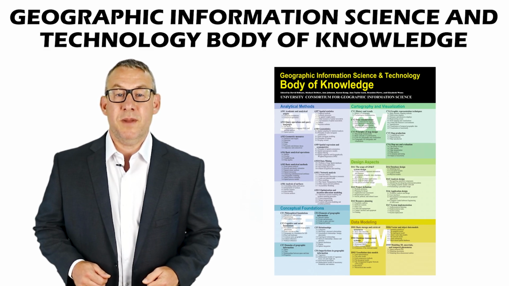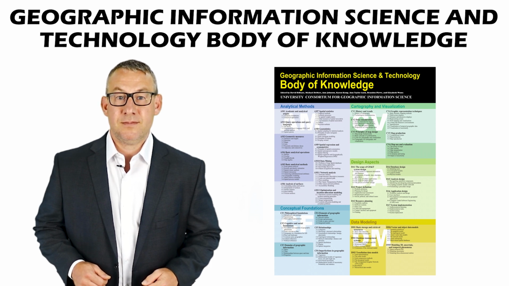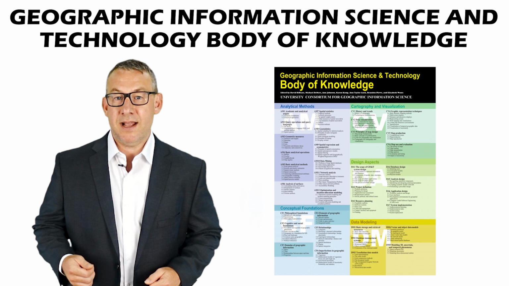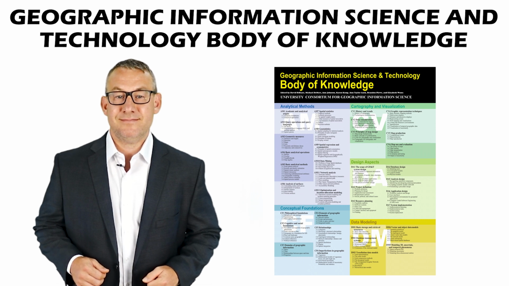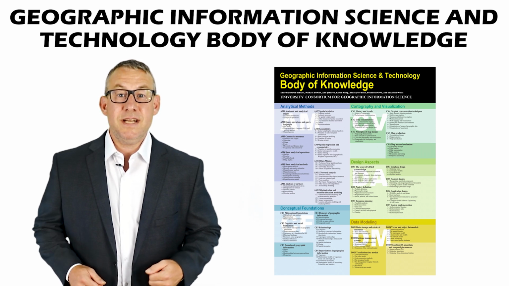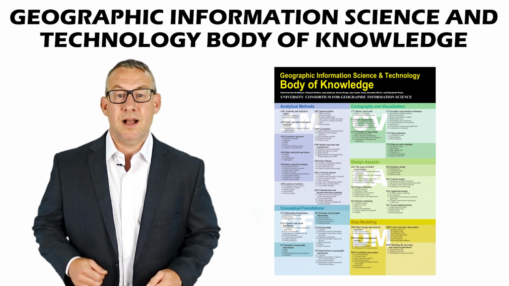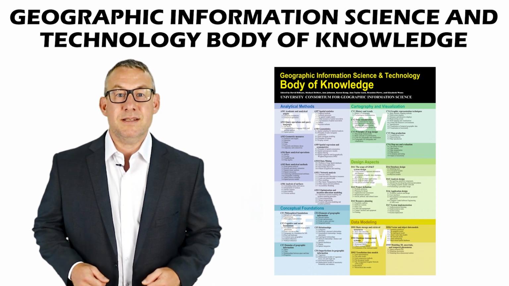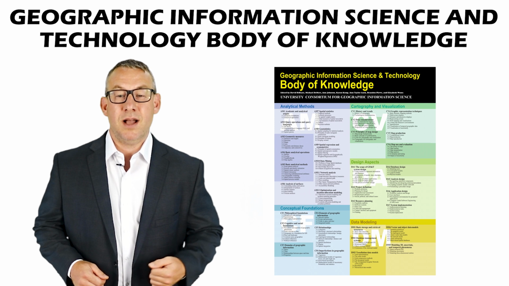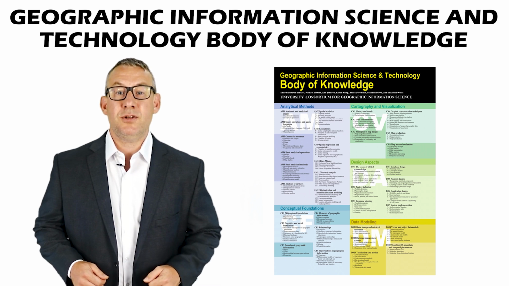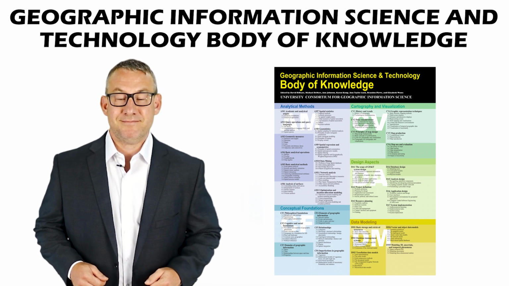The Geographic Information Science and Technology Body of Knowledge, or GIS&T. The Geographic Information Science and Technology Body of Knowledge is a comprehensive outline of the concepts and skills unique to the geospatial realm.